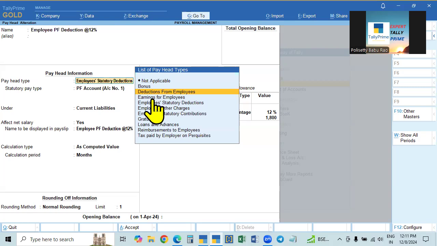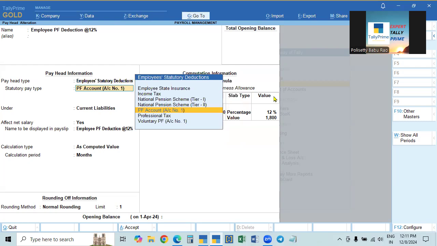That is why it is called deduction from employee. But now we are deducting as per the law. They are called employee statutory deductions, as per the statute, meaning law or act. As per the law, we are deducting. That is why it is taken as employee statutory deduction.